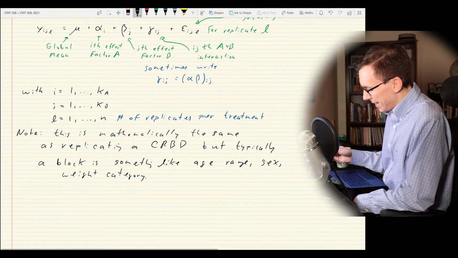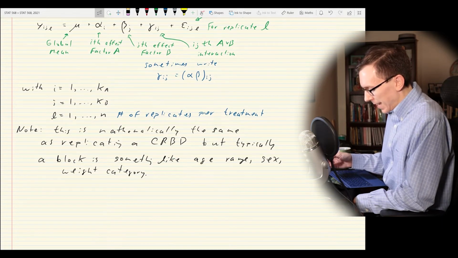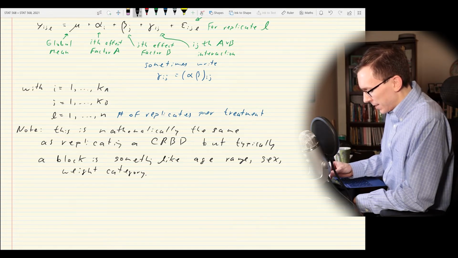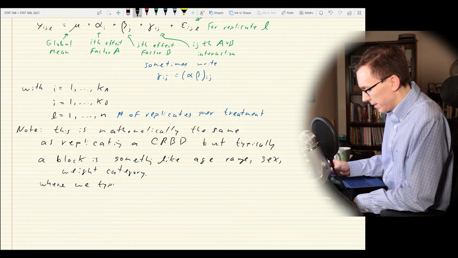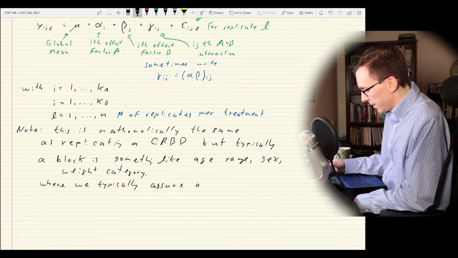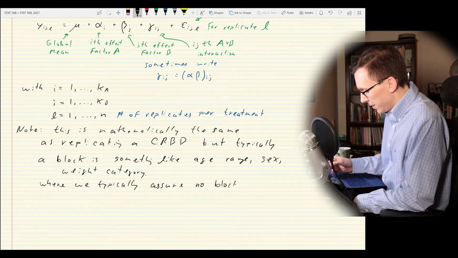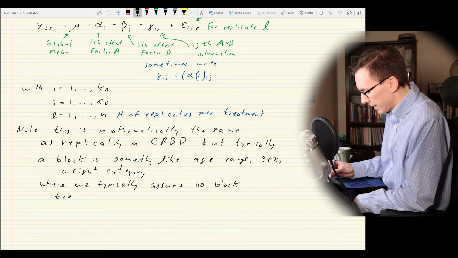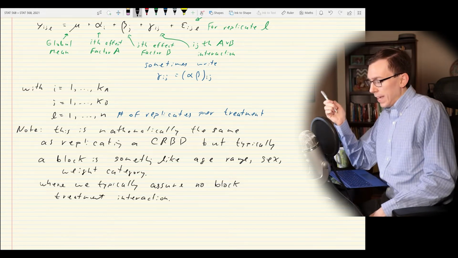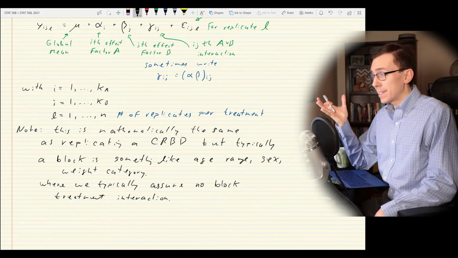Meanwhile, and again, I should say where we typically assume no block treatment interaction. And okay, that could not necessarily be true.